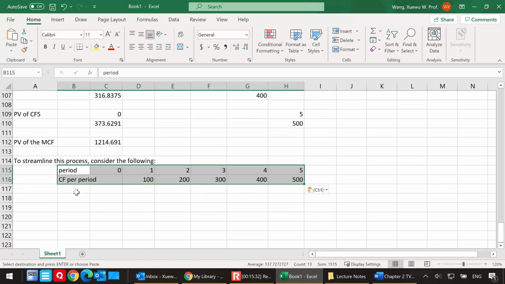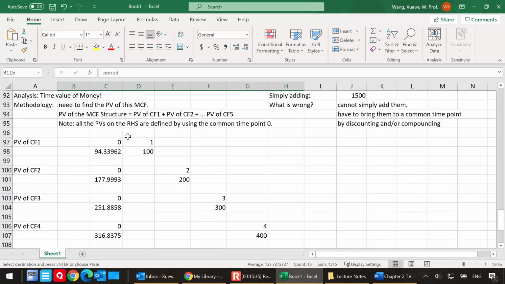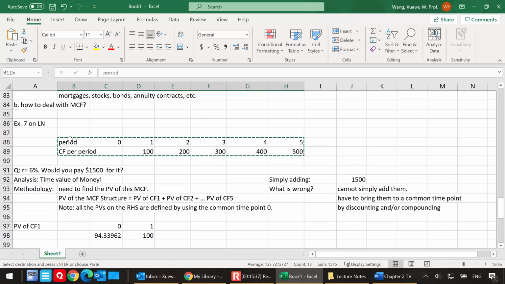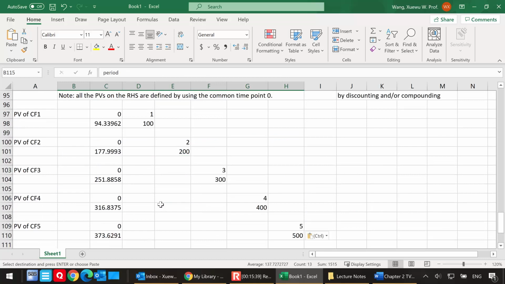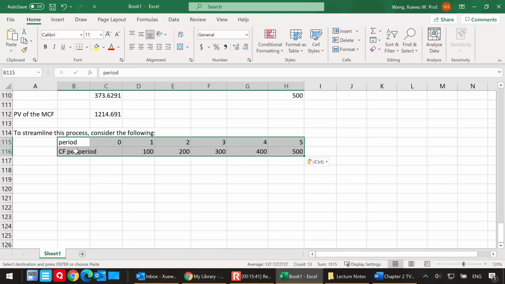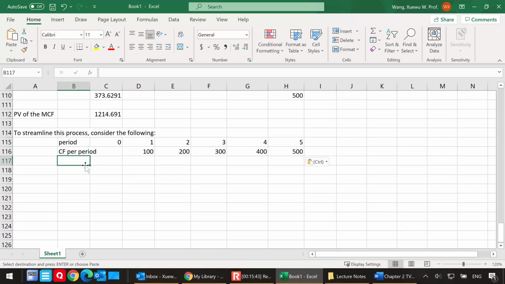I highlight this specific data range, press Control C, move down, and press Control V. So this is the question. Now I'm going to say present value of each cash flow. Can I just get the present value of the first cash flow and put it here?